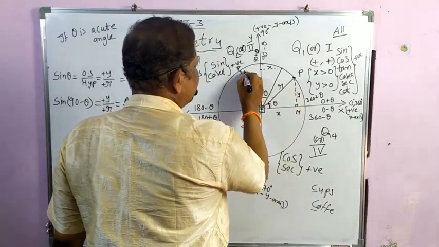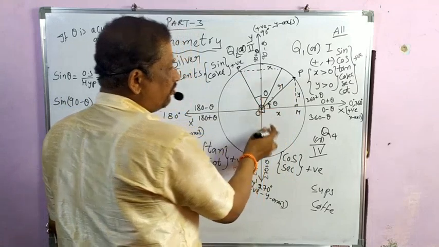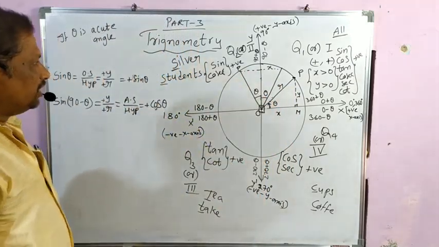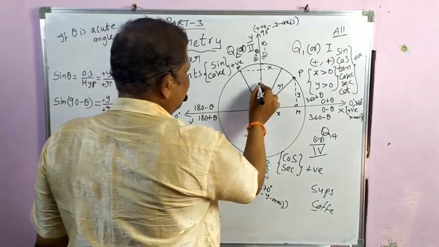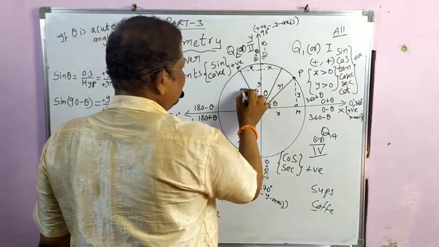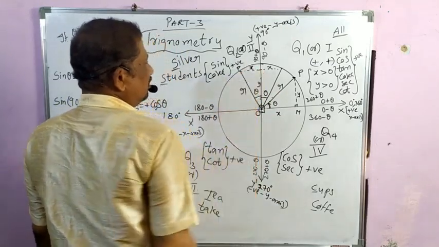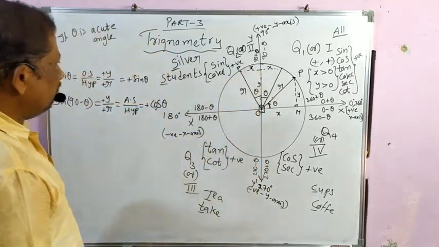In the same way, this is 90 plus theta. So we know this is y, this is x, and this is the radius vector. Now carefully observe. In the second quadrant, what happens?